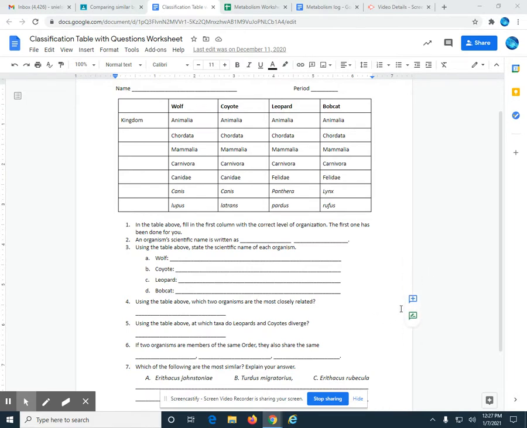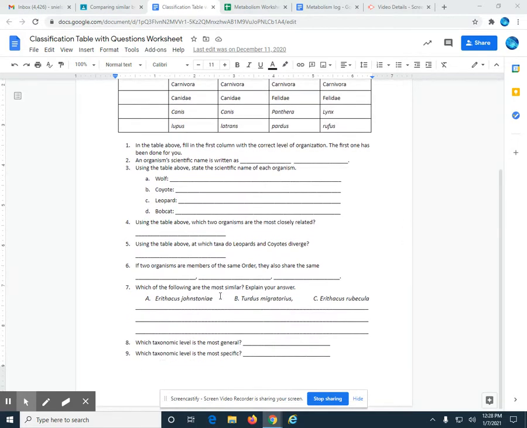If two organisms are members of the same order, they also share the same kingdom, phylum, class, order. So if they share the same order, what else do they share in common? Kingdom, phylum, class, right? If you're in the same order, you must also have these ones above you in common. Okay?